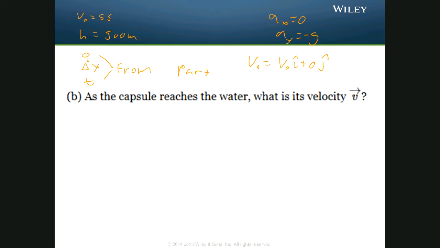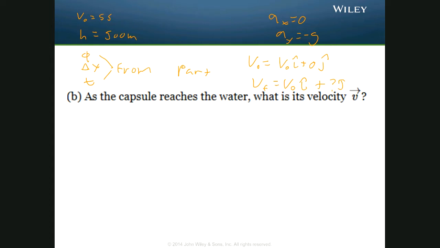So for v final, we know that the acceleration didn't change because ax is equal to 0. So we have the first part there. But now we have to find this final. Now we have plus question mark j hat. And that's what we want to find, is that question mark.